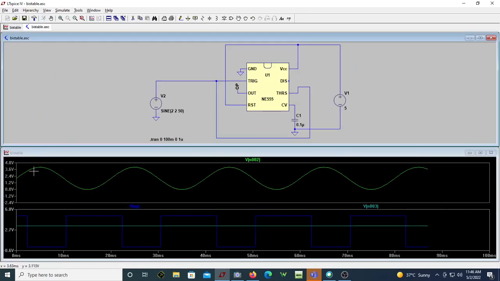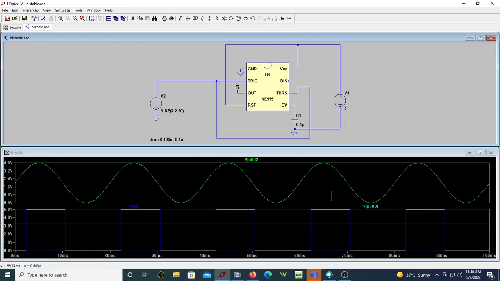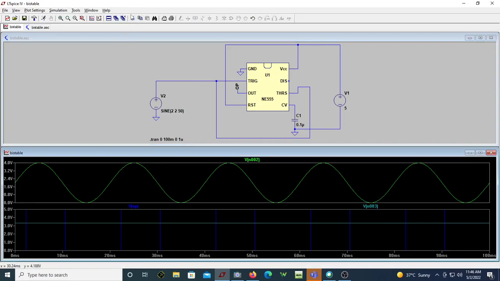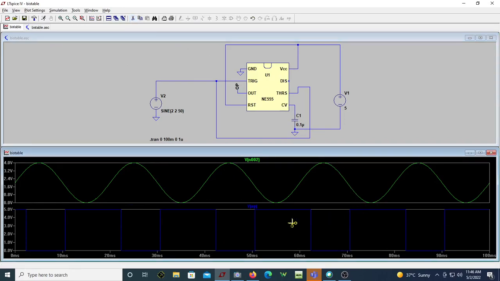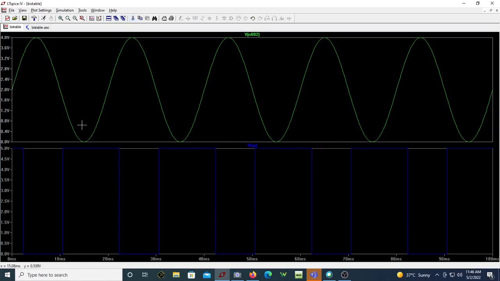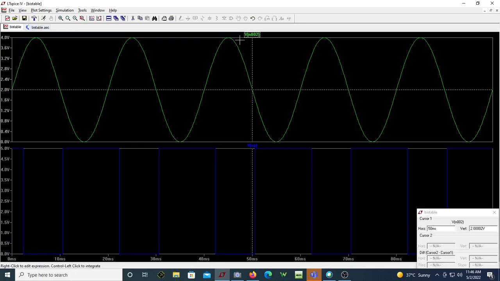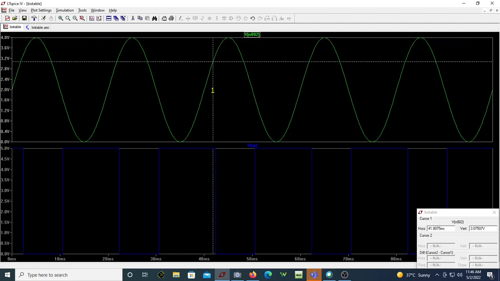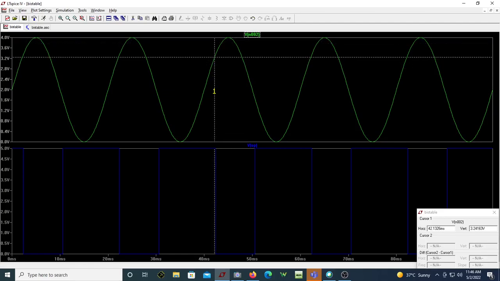If I run it, you can see this is a sine wave. Let me take out this another waveform, which is not required. Now if you carefully observe, whenever the input voltage tries to go below 2/3 VCC, somewhere here, let me just trace this. So this is almost 3.33.